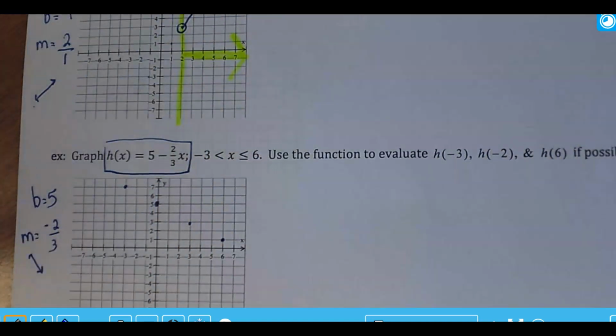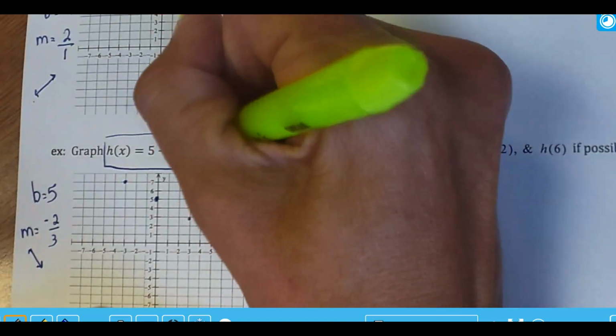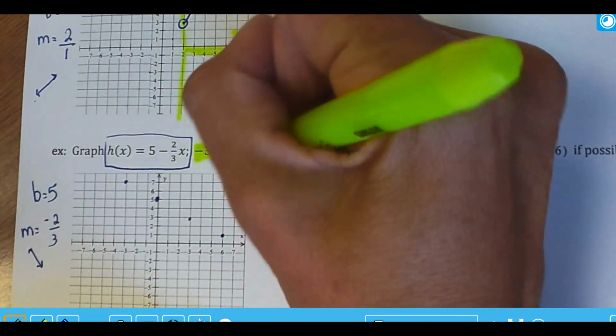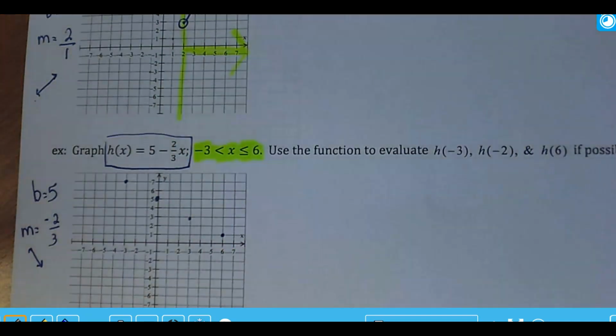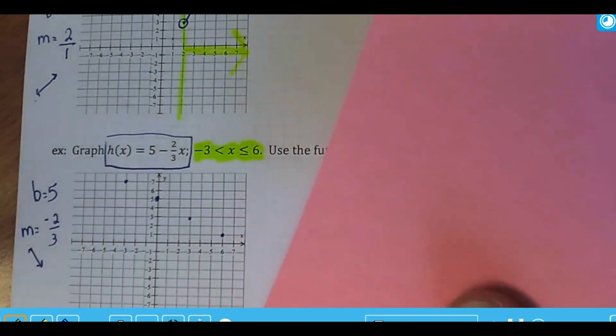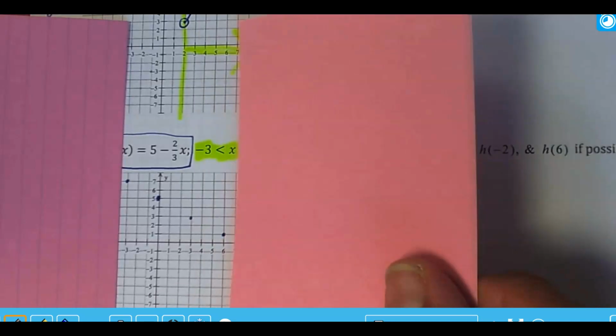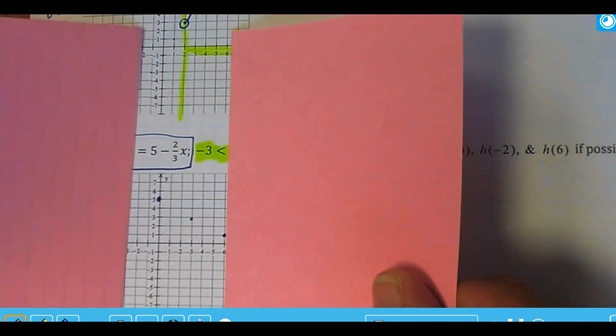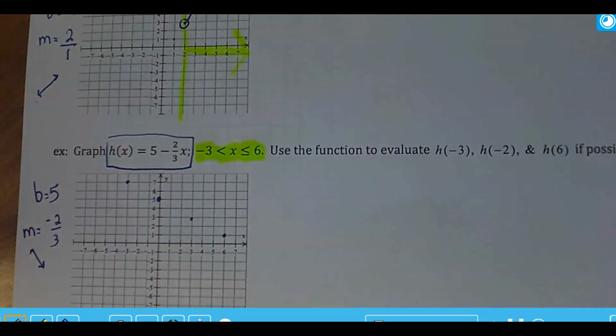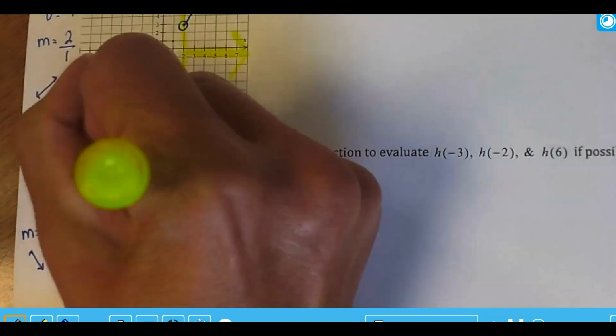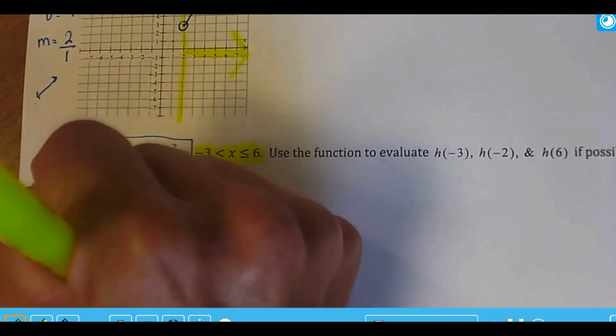And again, I'm not going to connect them, I'm just going to leave them for now. And here what's going on is I'm going to look at my domain restrictions. And so here I want to make a frame at -3 and 6, but I'm not going to leave the postcards. I'm just going to take my highlighter and draw in my frame.